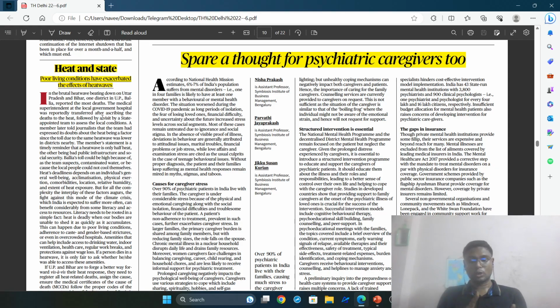They are not getting proper, clean water. They are not getting food. They are not given shelter, home-like facilities. They are not given electricity facilities. So what the author is saying is that the people who lacked these basic amenities became victims of this heat stress.